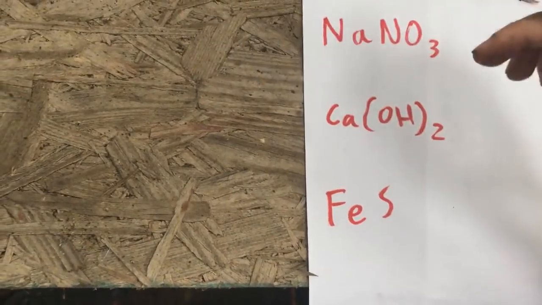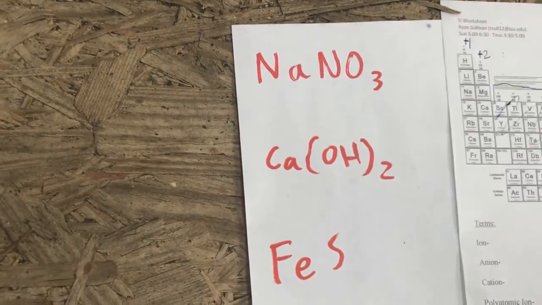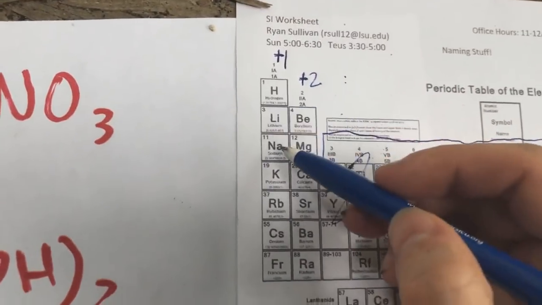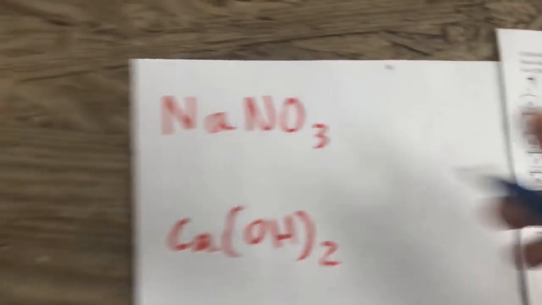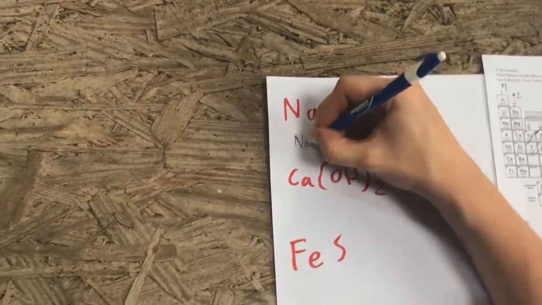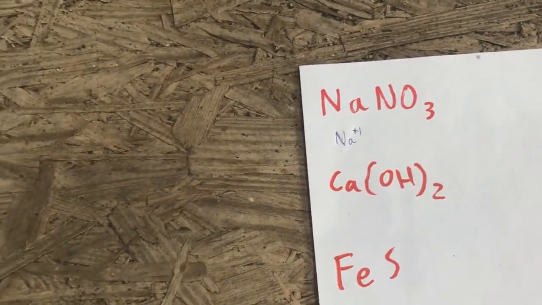So we have a sodium. Okay, and so sodium carries a +1 charge, as you can see here. Sodium +1. Alright, so I like to just write out what I got. We know that we have a sodium that's +1.